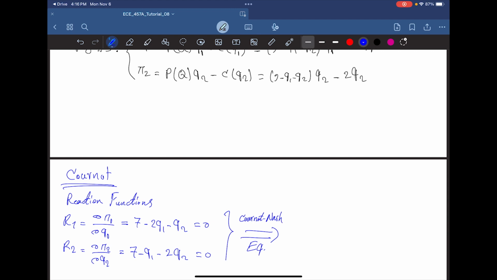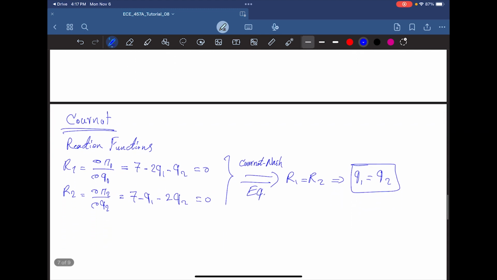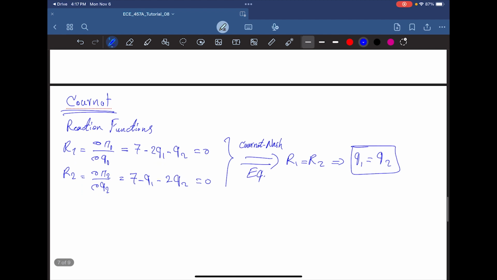That actually comes from equating the R1 and R2, which results in Q1 equals Q2. Okay. Now that we have another equation, we can use this one, substitute Q1 for Q2.